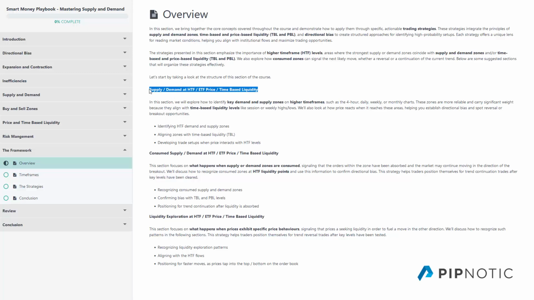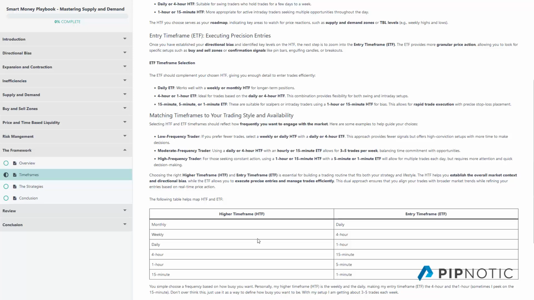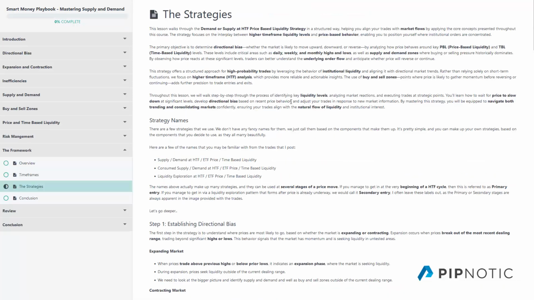Essentially, the strategy is built up on several different pieces, and each piece can be slotted in, so you can pretty much build your own strategy based on the material that we discuss in this section here. I talk a little bit about the time frames, and I provide some ideas about how to find a higher time frame and an entry time frame. Then we talk about the strategies in detail, and then we have the conclusion here.